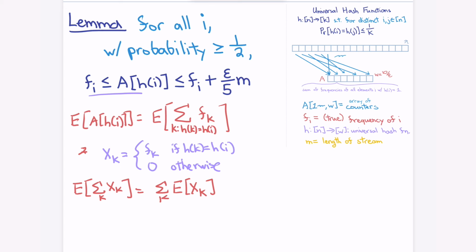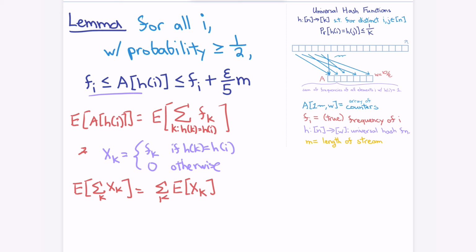Okay, good. Now, what are these? Especially since it's the first couple of classes, I want to make explicit how we're using linearity of expectation properly.